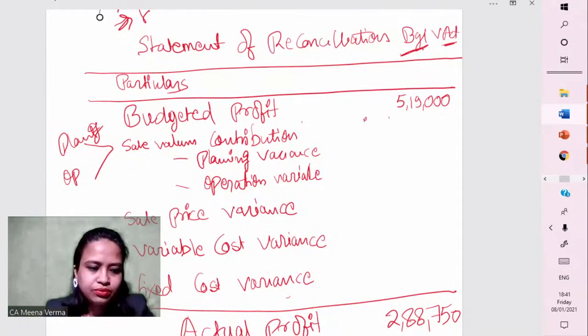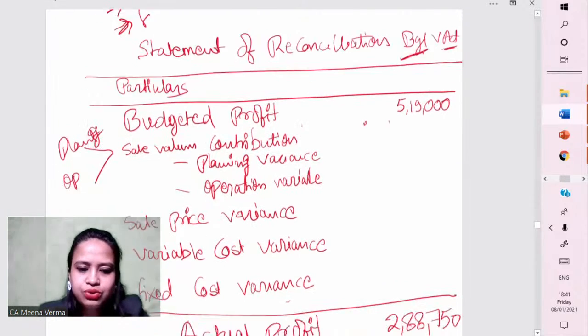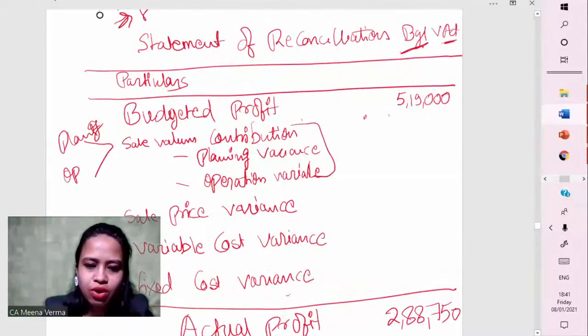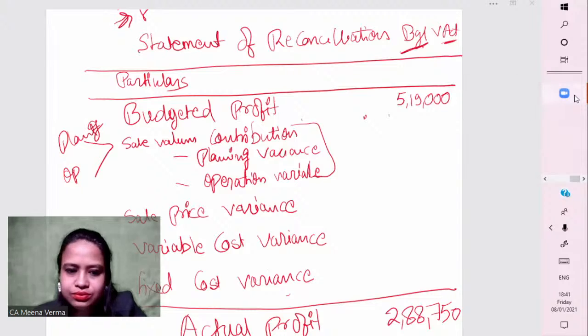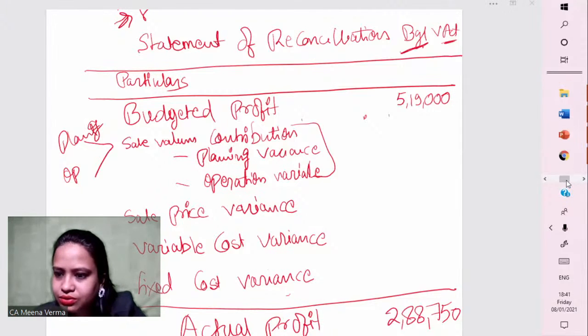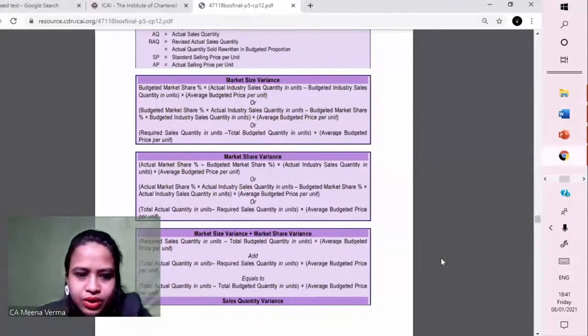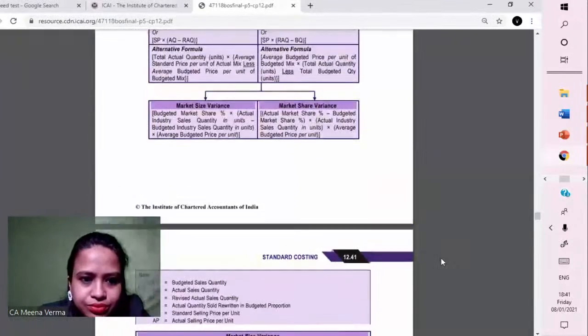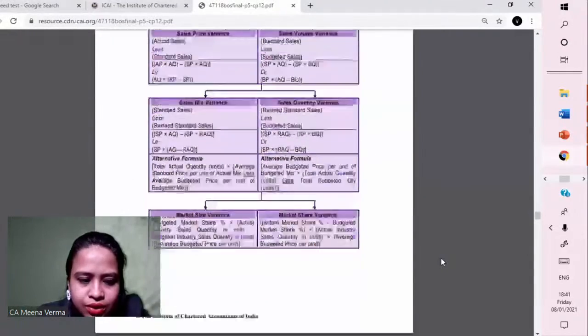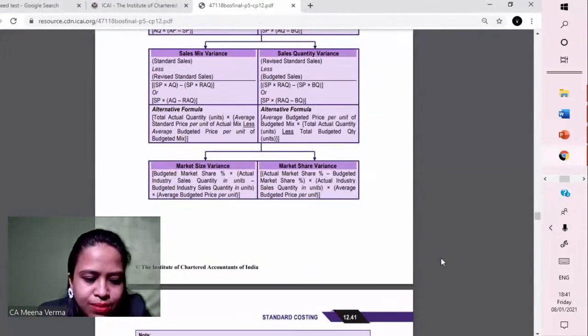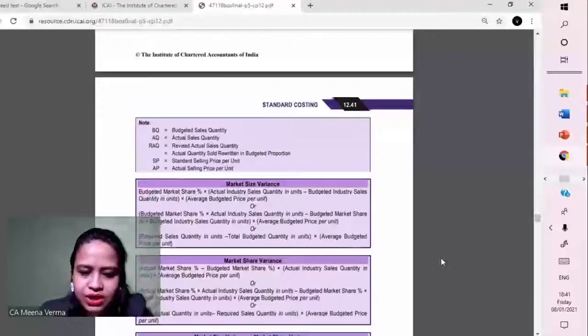Okay. Now, before starting with this question, I'll show you a formula. We have a formula related to planning variance and operation variance.